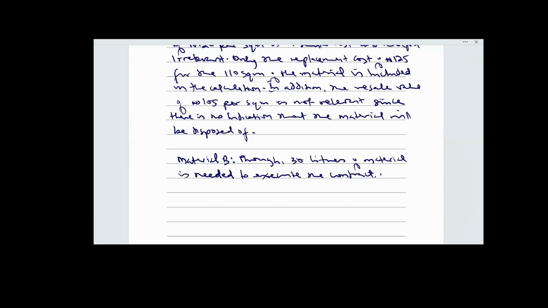However, the supplier can only sell a minimum of 40 liters at 90 naira to the company.